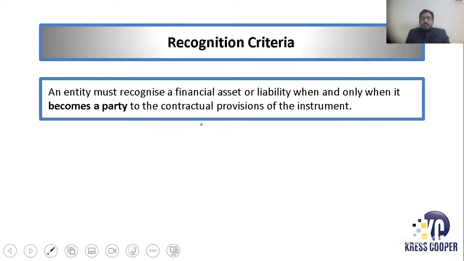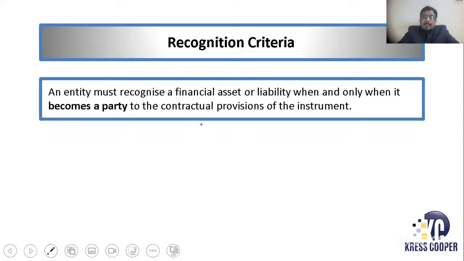You must be knowing that for almost all the financial information, the recognition criteria is the same as discussed in the IASB conceptual framework, where the probability of the inflow or outflow of the economic benefit belonging to such asset or liability or income or expenses is seen, plus the reliable measurement of the value associated to that is worked out first. But in the case of financial instruments, the criteria is altogether different.